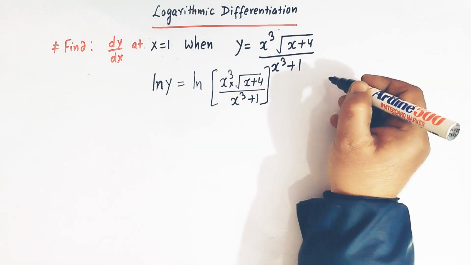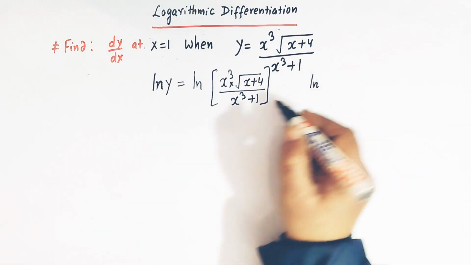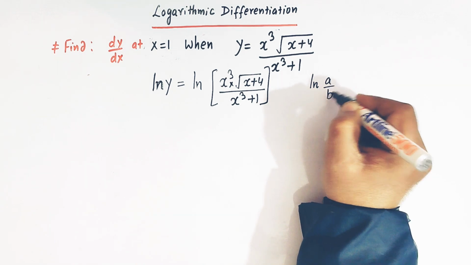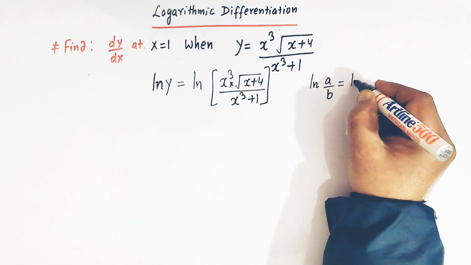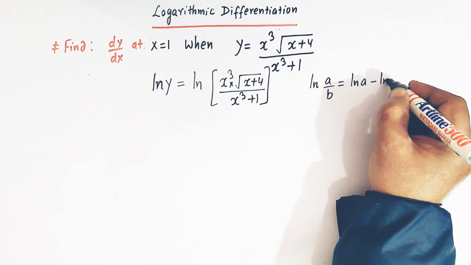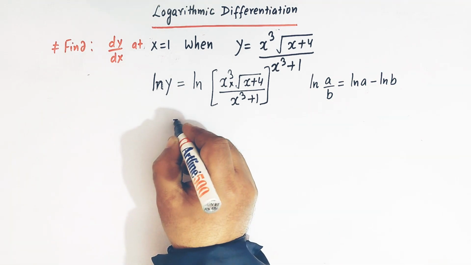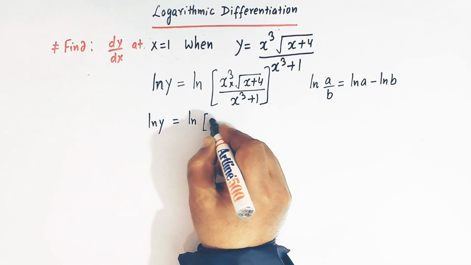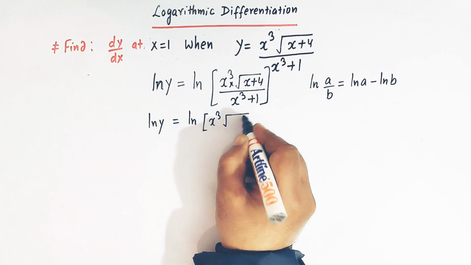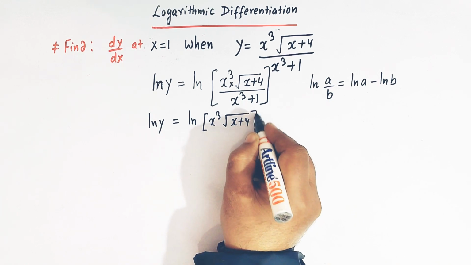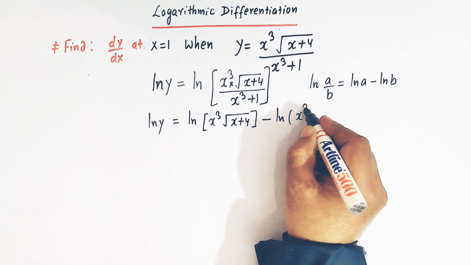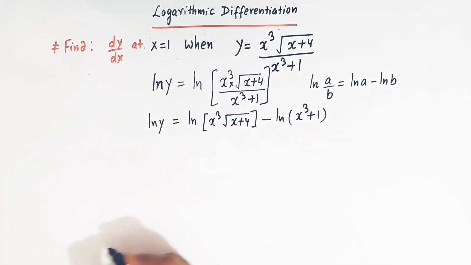So we will make use of this property of log, that is log of a over b is equal to log of a minus log of b. So we can now write log of y is equal to log of x cube times square root of x plus 4 minus log of x cube plus 1, right?